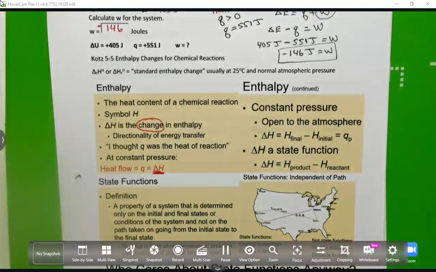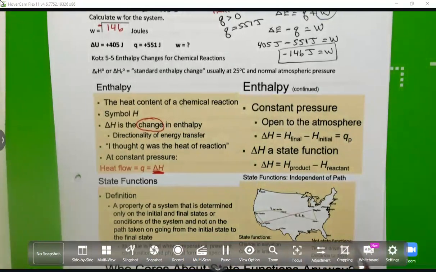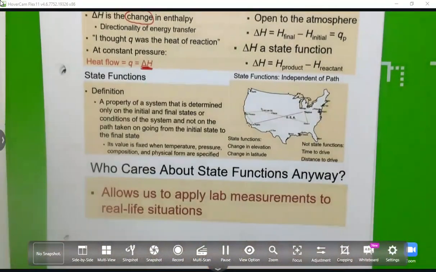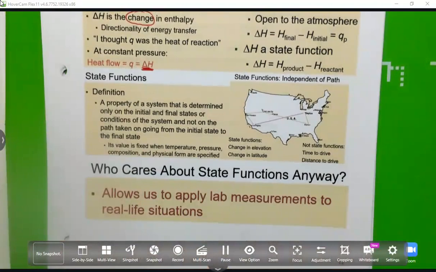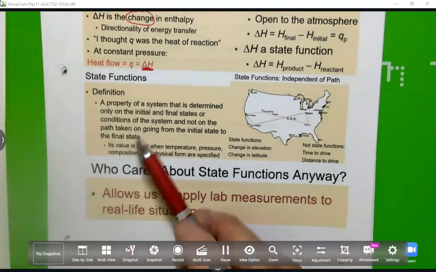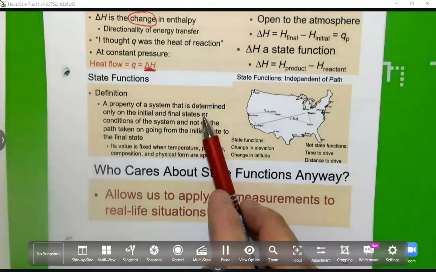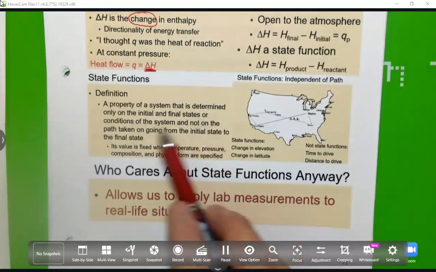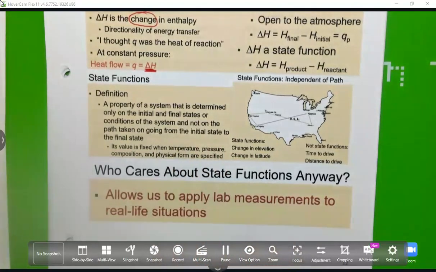We're going to do heat of reactions. And this is a definition of a state function, and a state function doesn't matter what path you take. It is a property of a system that is determined only by the initial and final states or conditions of the system, not on the path taken in going from the initial state to the final state.